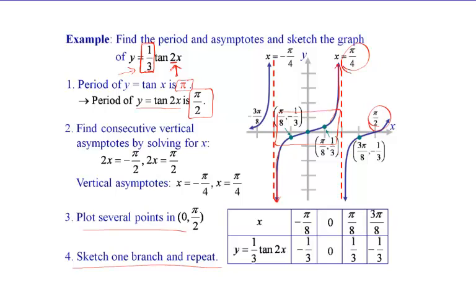We still have horizontal translations, vertical translations. We still have reflections over the x-axis or y-axis. But in addition here, we also have some changes in our input values as a coefficient to our independent variable. So it's specific changes to these trig functions.